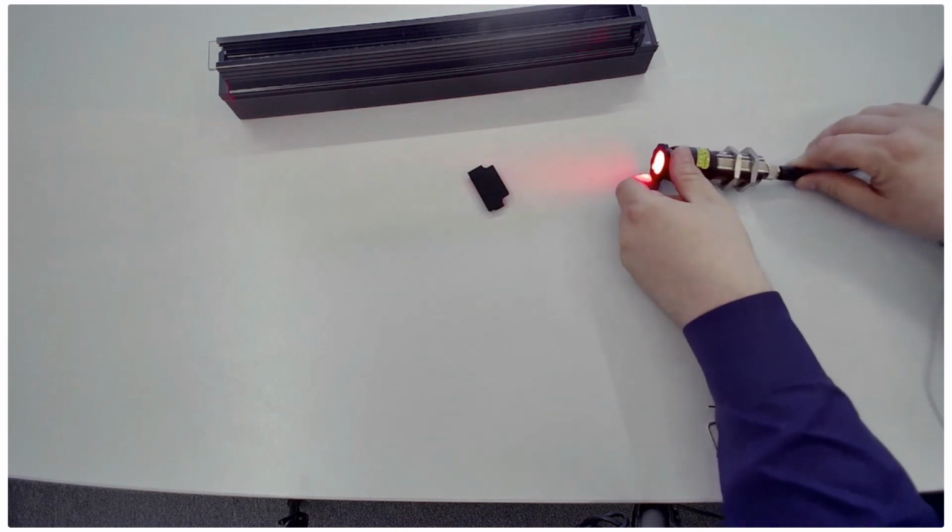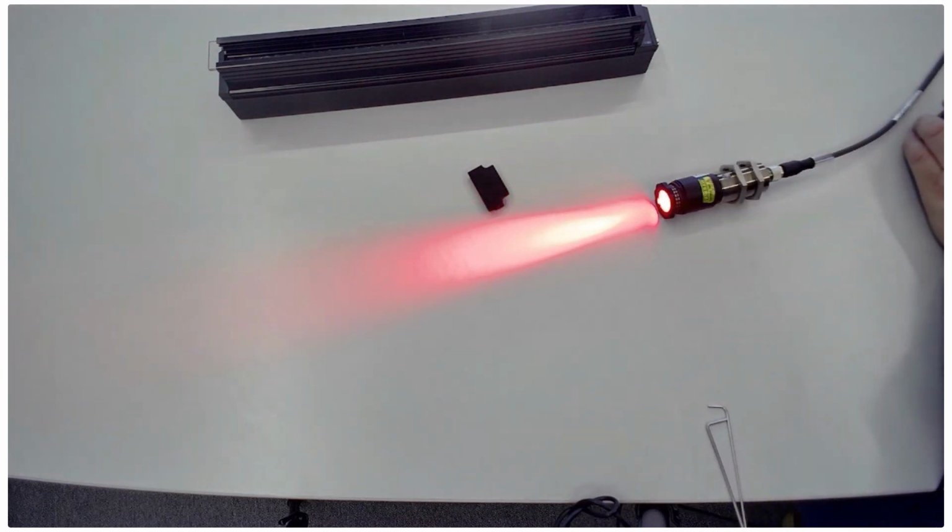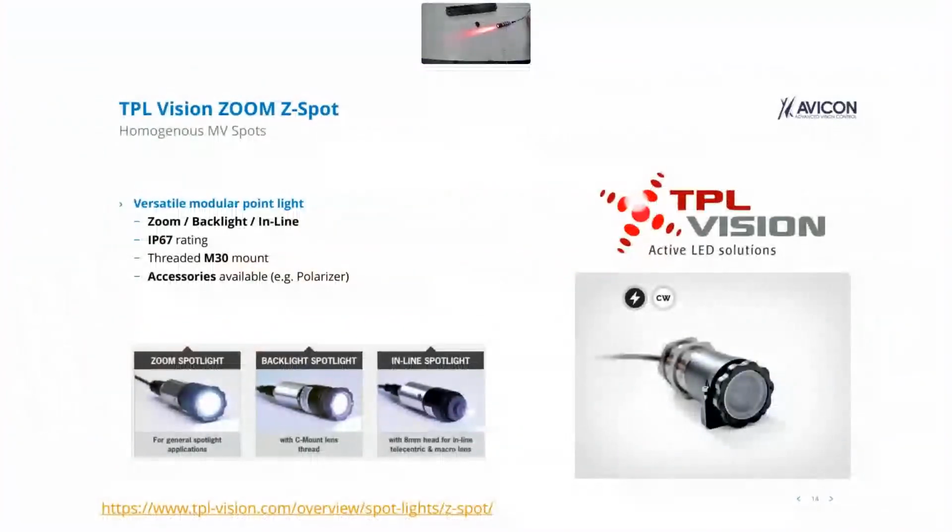And it also comes with different flavors of the versions. First off is the zoom spotlight. Second is the so-called backlight spotlight with the possibility of attaching C-mount lenses. And the third one is the in-light spotlight, which is basically compatible with some optical systems with axial illumination.